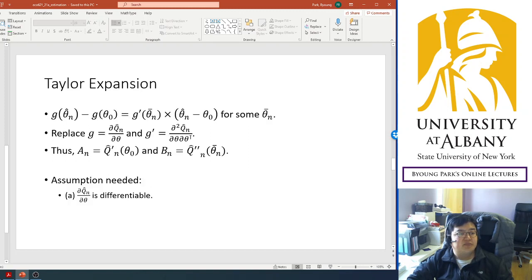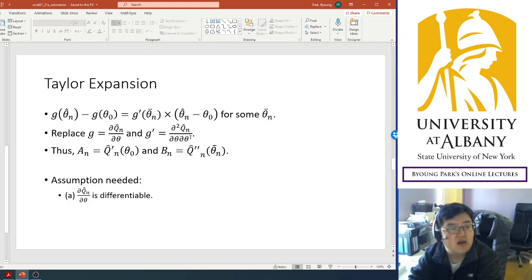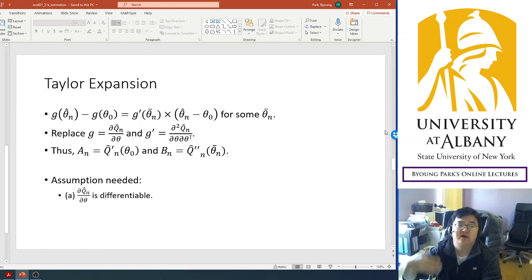Okay, next, Taylor expansion. If you look at the Taylor expansion statement, it's the simplest version, because in general you may expand up to higher polynomials, but we only use the first order. So this is the statement of the Taylor expansion. There is an intermediate value theta bar n.